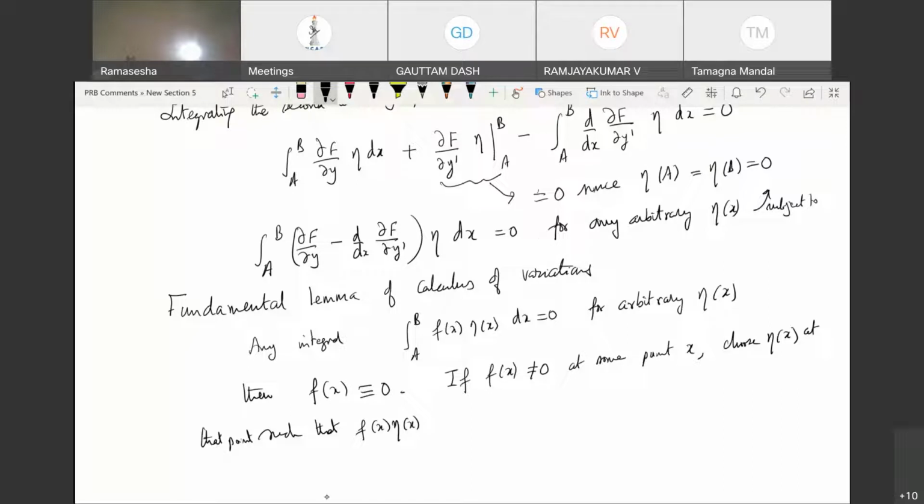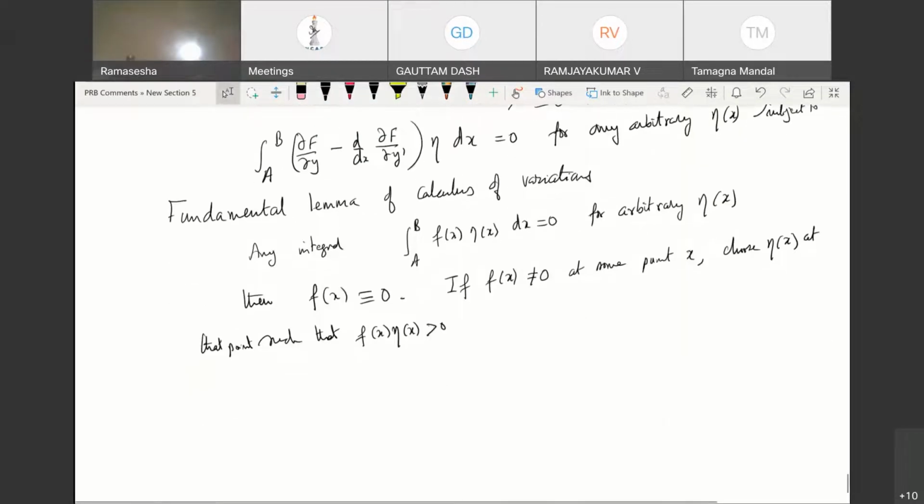So if f(x) is like -1, choose eta(x) equal to -1, so that f(x) eta(x) is greater than 0. Similarly, if f(x) is +1, at that point you choose eta(x) equal to +1, so that f(x) eta(x) is +1. And because eta(x) is arbitrary, you can choose any value.